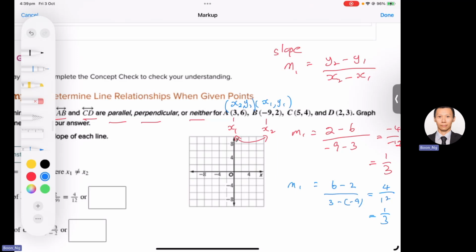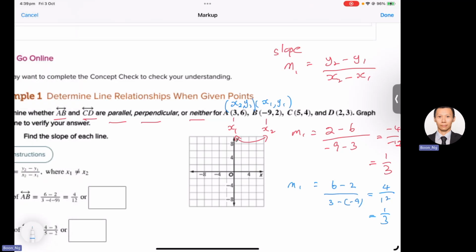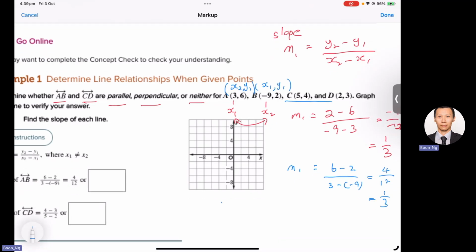The second one we need to determine is m2 for C and D. We set this to x1 and this to x2. So what we get is 3 minus 4 over 2 minus 5.